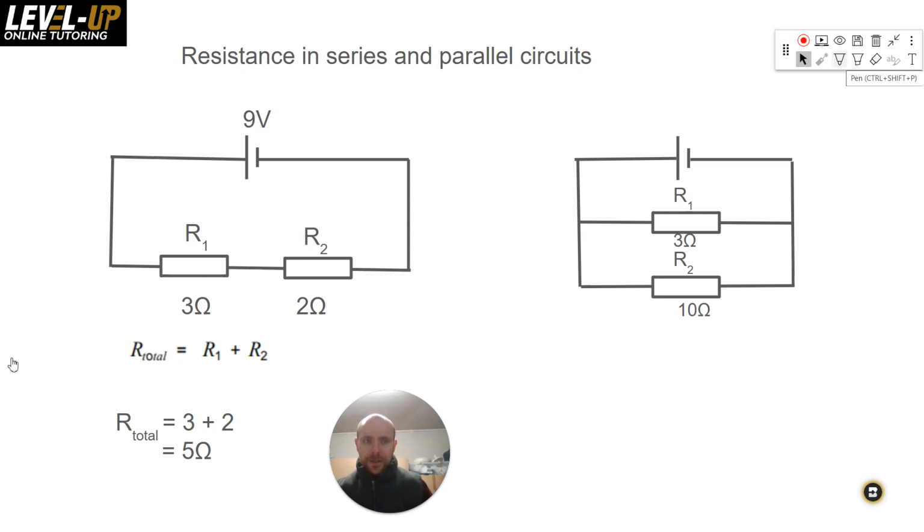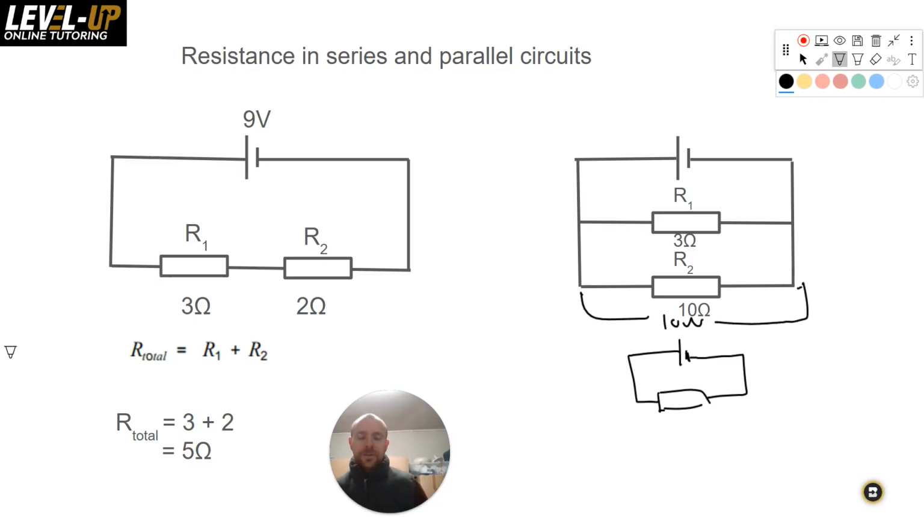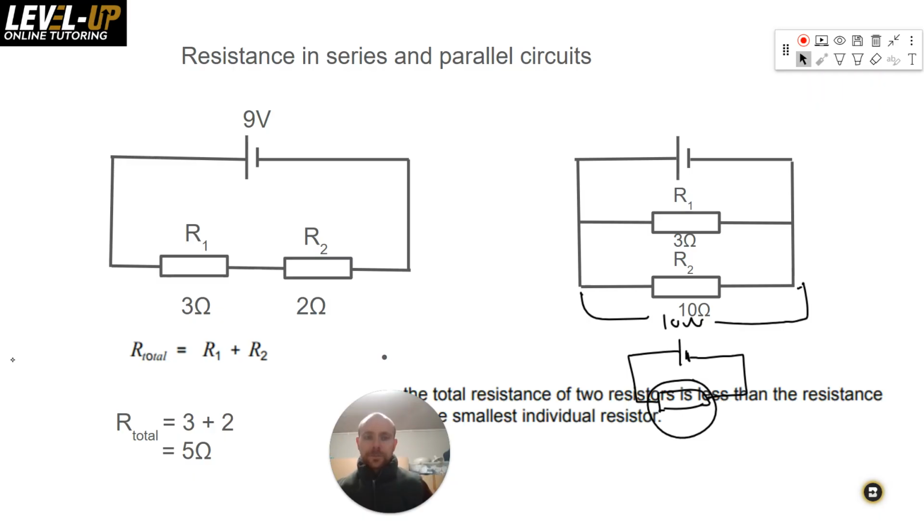If I replace those 2 resistors in parallel with a single resistor, as I add more resistors to it, I could add another 10 ohm resistor. The first thing to be aware of is as I add more, the total resistance is going to go down.